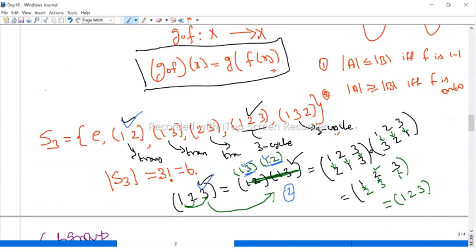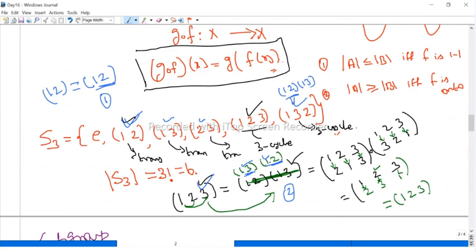But if you take this case (1 2), this (1 2) itself is a transposition. Therefore we have only one transposition, just (1 2). Therefore this is an odd permutation. The last one, (1 3 2), again we can write as a product of 2 transpositions, (1 2)(1 3).